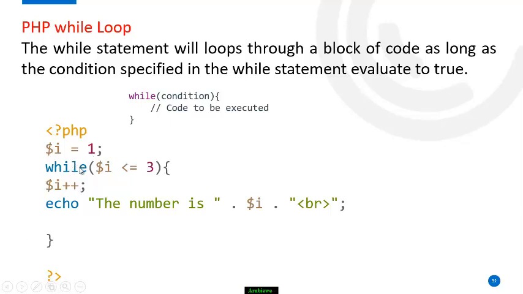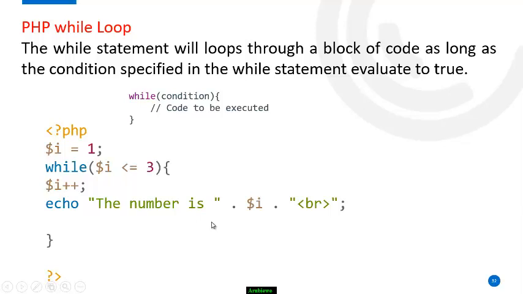When it gets to 3, 3 is less than or equal to 3, which is true. It will echo the value as 1, 2, 3 for us.